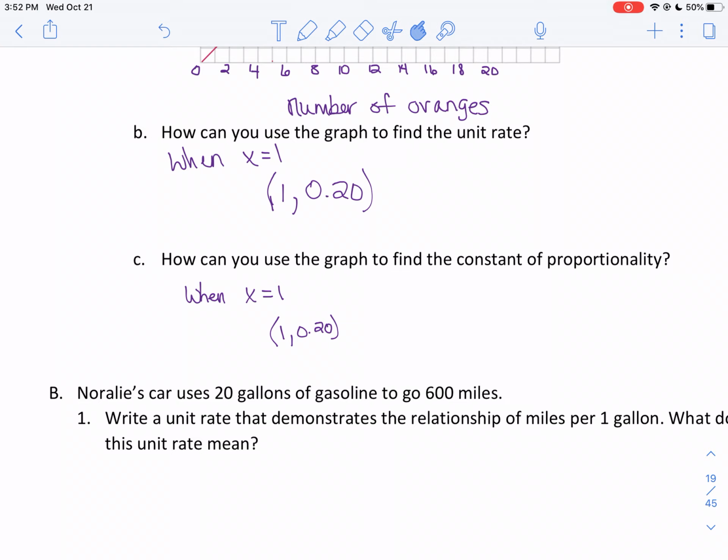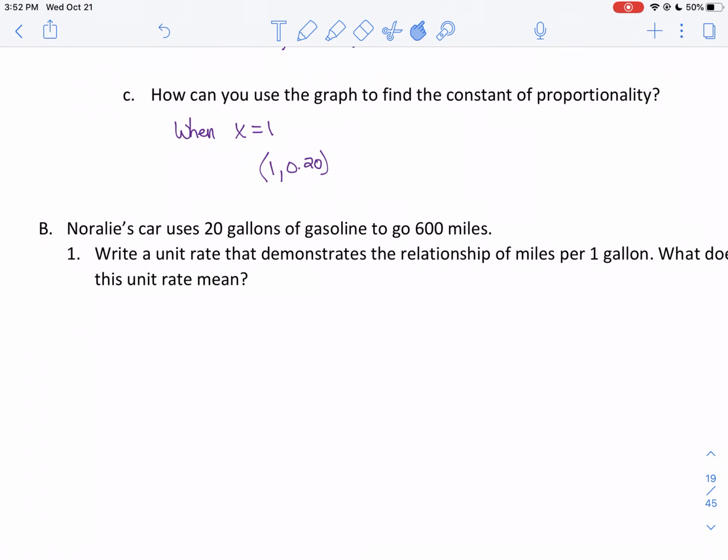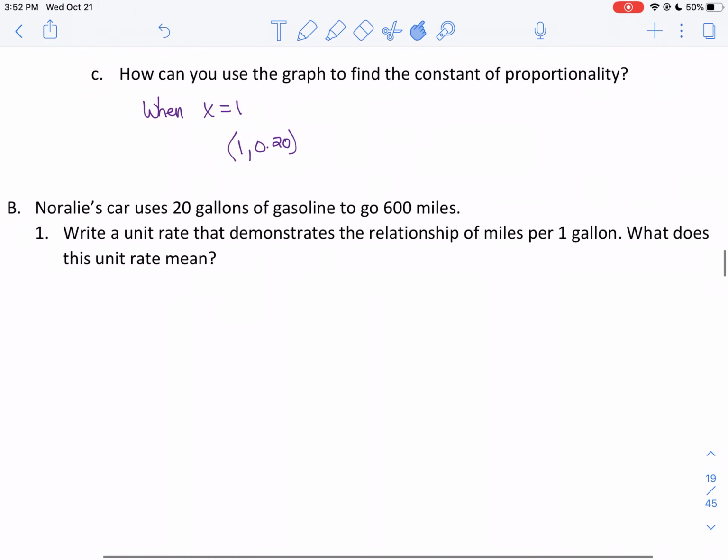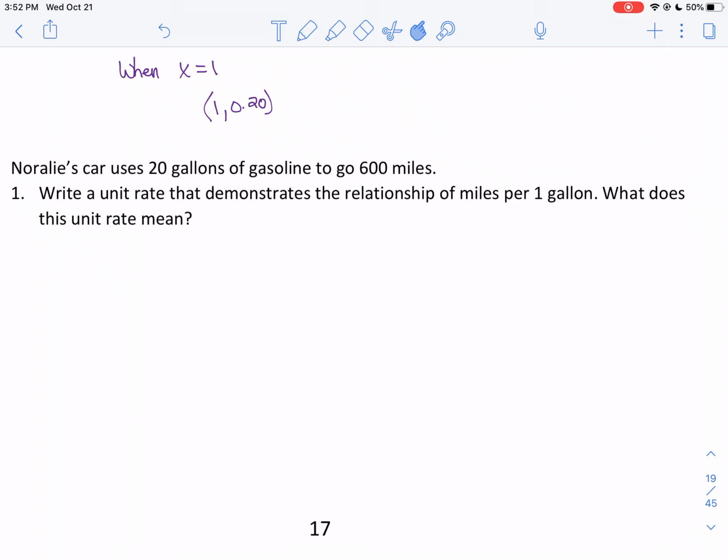Okay, so that was our beginning part, finding the oranges. Now we're gonna find some unit rates. So Nora Lee's car uses 20 gallons of gasoline to go 600 miles.